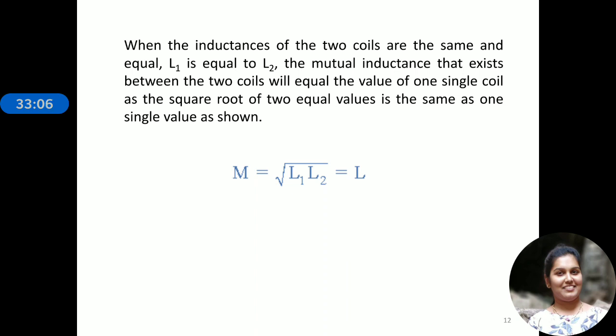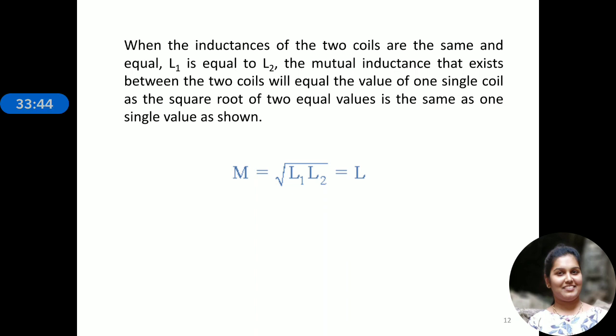Okay, got the point? So this is all about the coefficient of coupling, that is, how much inductance occurs when two coils are near each other. That is, what fraction of the inductance is developed from one coil to the other coil. That fractional value is indicated by a term called the coefficient of coupling, and it is given by the expression K is equal to M divided by root of L1 and L2.